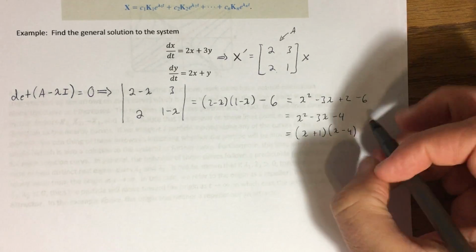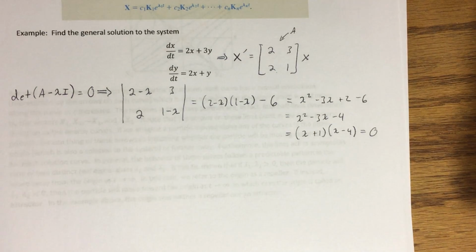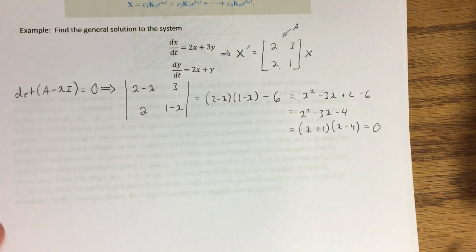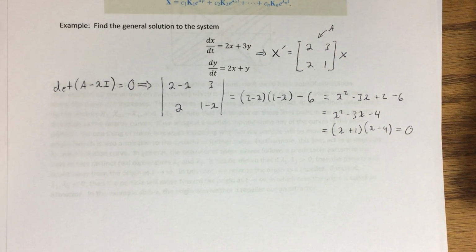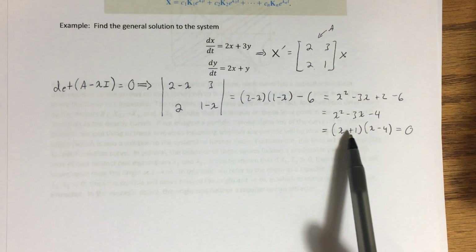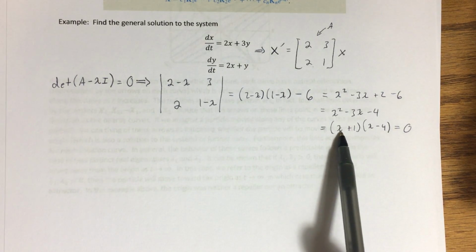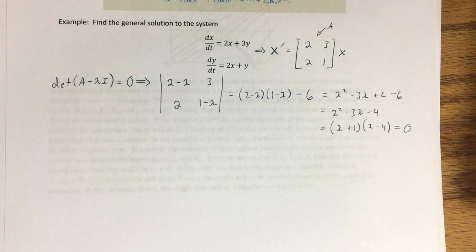And we need that to equal 0. That's what the characteristic equation has here. So this tells me that the eigenvalues for this matrix A are -1 and 4.